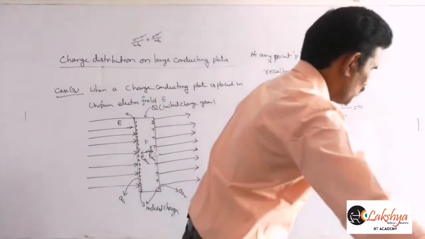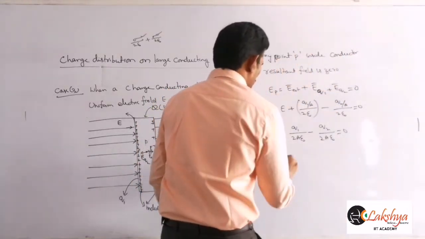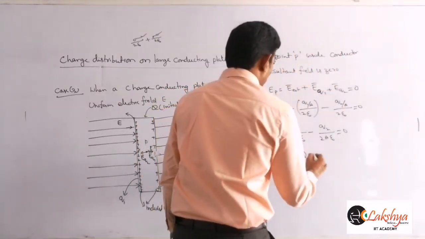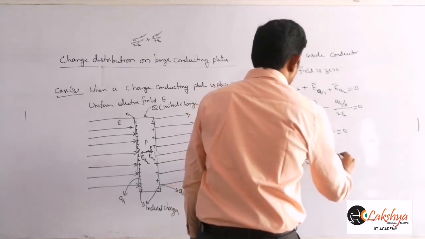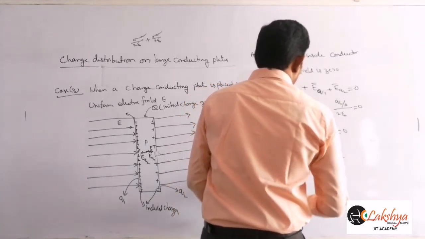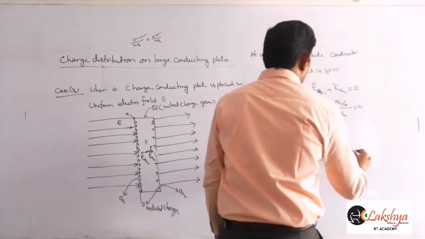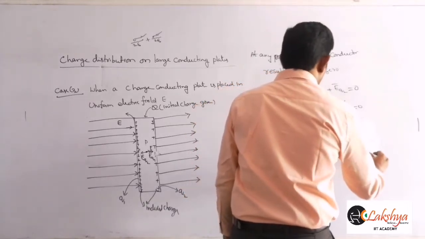But this small q1 is equal to Q by 2 minus q, and this value will be Q by 2 plus q.